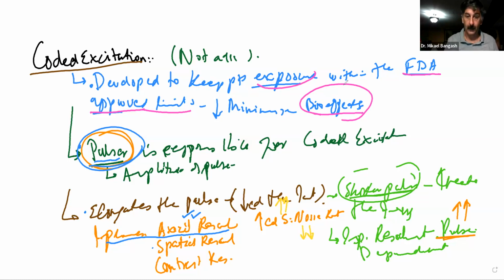And lastly, it was developed mainly to meet the FDA approved limits of patient exposure to sound waves, and to be able to create images with as good or improved resolutions.